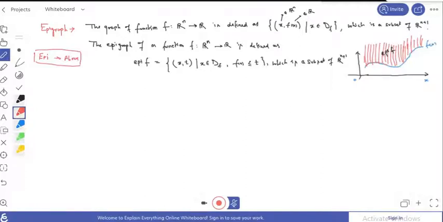So here we write this remark: a function is convex if and only if its epigraph is a convex set.